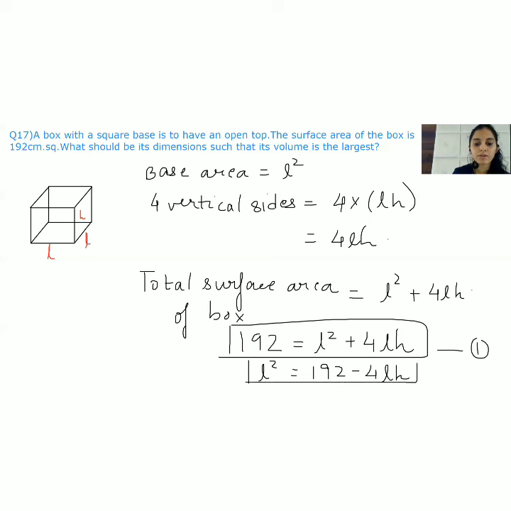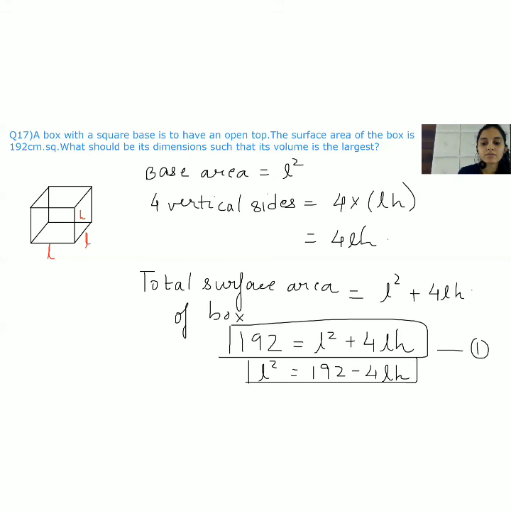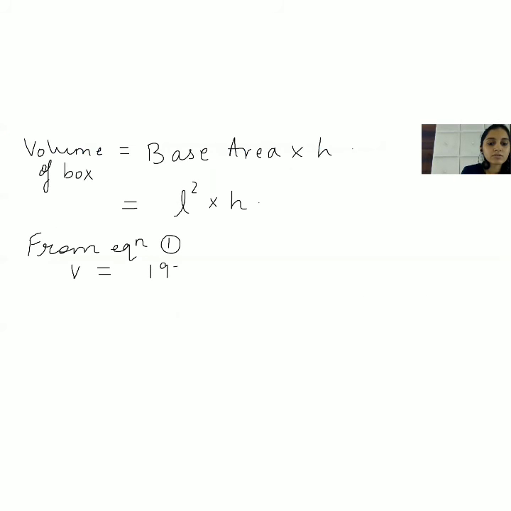So L square can be substituted from equation 1. So from equation 1, volume is equal to 192 minus 4LH, into H.